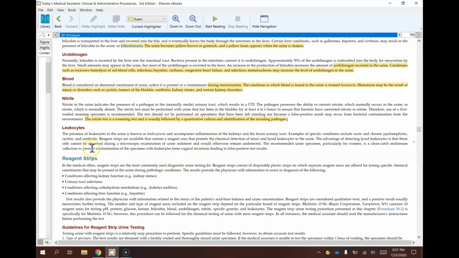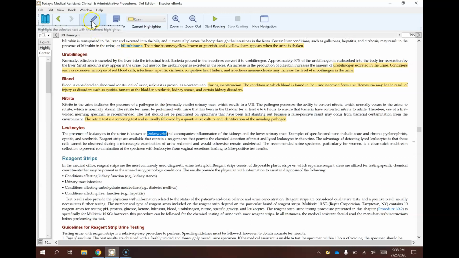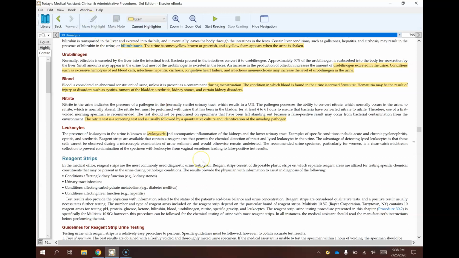The last thing we're looking for is leukocytes. Leukocytes is one of your terminology words, and having leukocytes in the urine is leukocyturia. Difficult word to say, not a good thing to have happen.